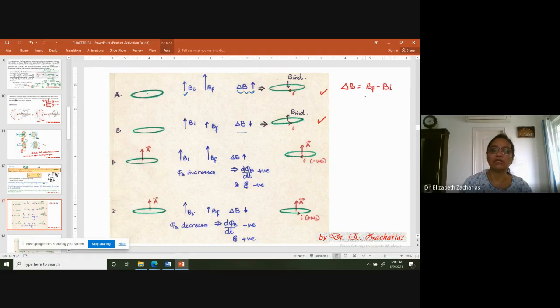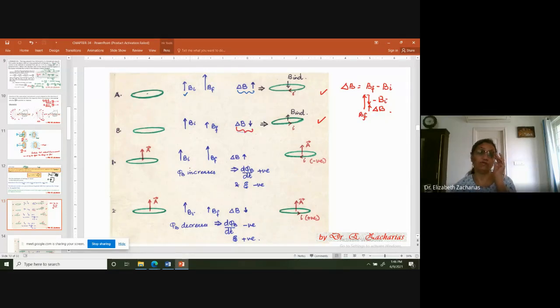Vectorially, if BF is larger, then what is minus BI? Minus BI will be this. So BF minus BI will be a vector which is this. Are you understanding this? Vector addition. That's how I have put these two, in case you're wondering what this means.